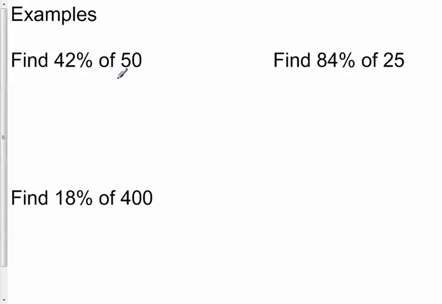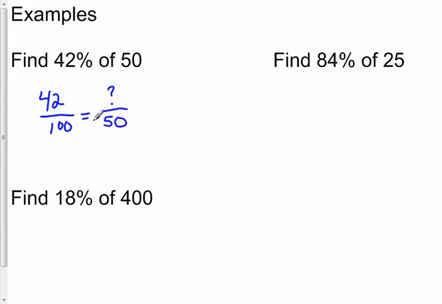So I set up the ratio of what I know. I always know that percent is out of 100, so I put 42 over 100. I'm trying to find 42% of 50, so how much am I going to take off of this $50? I don't know what the 42% is, but if I had to pay the whole thing, 100%, it'd be $50.